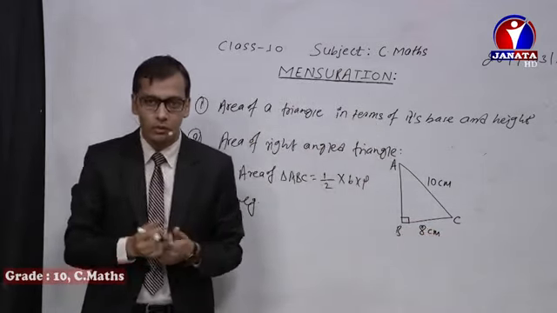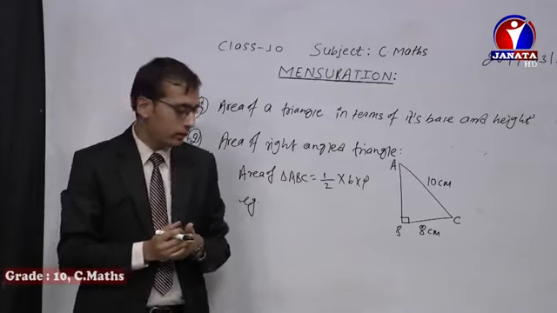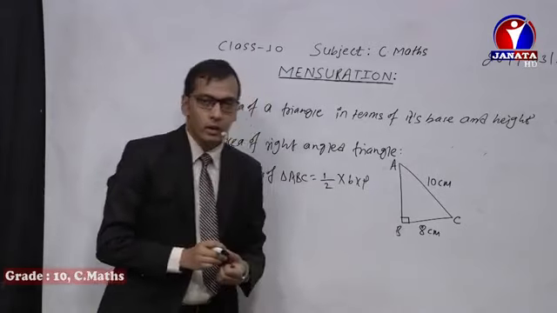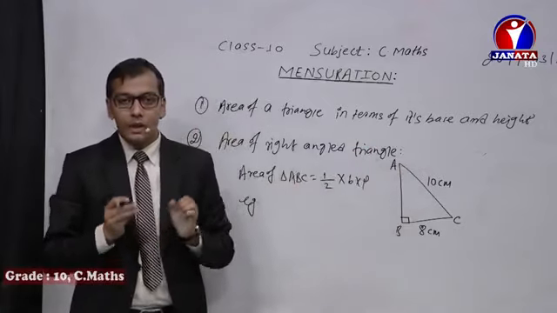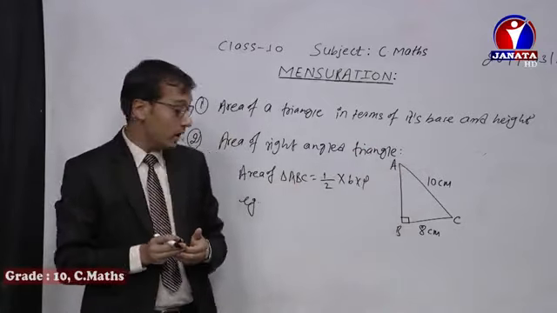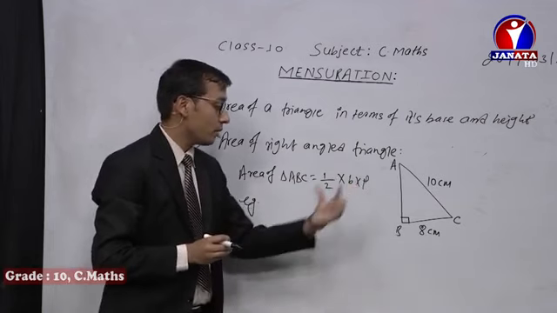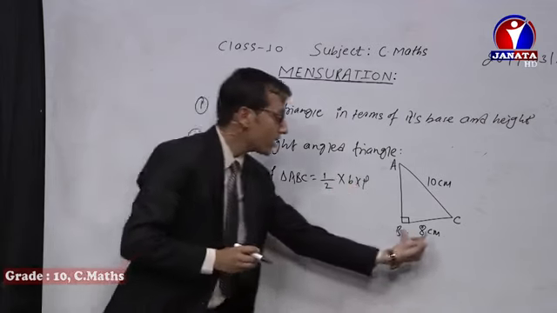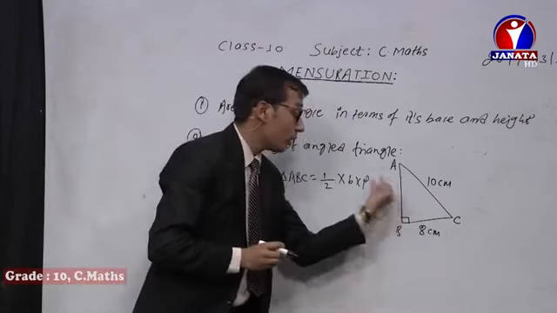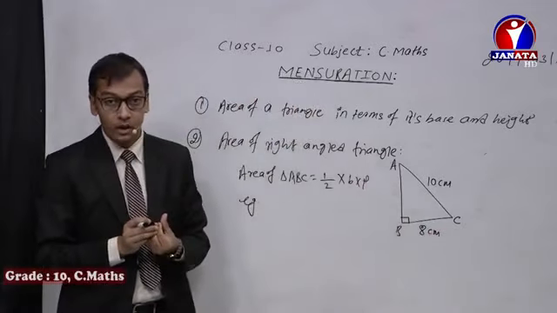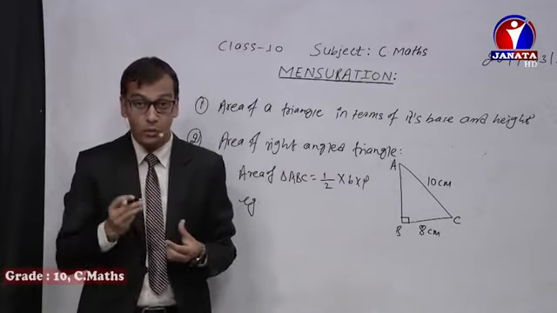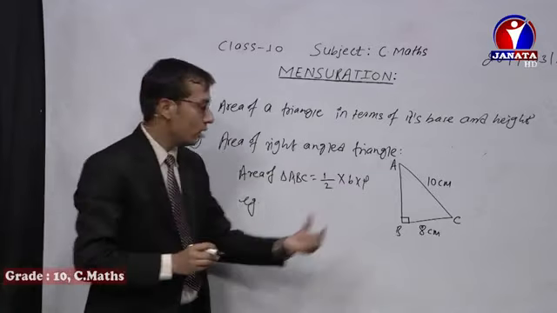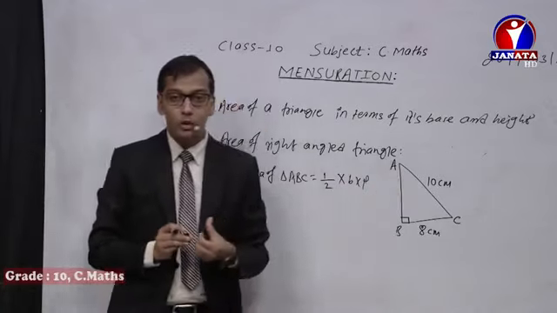Let's try to find the area of this right angle triangle. In a right angle triangle, its area can be calculated by the formula 1 by 2 times base times perpendicular. So what is base? 8 centimeter, and the perpendicular is unknown. In a right angle triangle we can use Pythagoras theorem to find the unknown side.